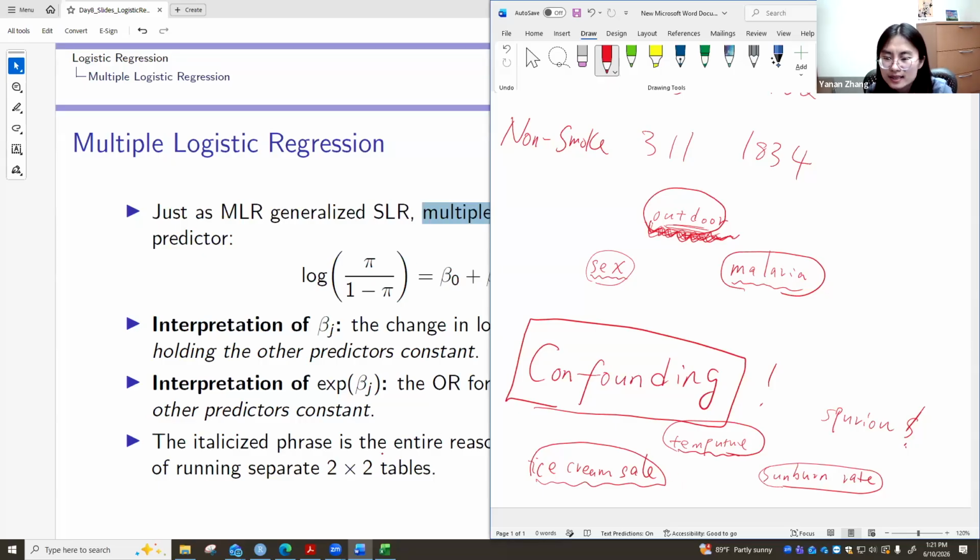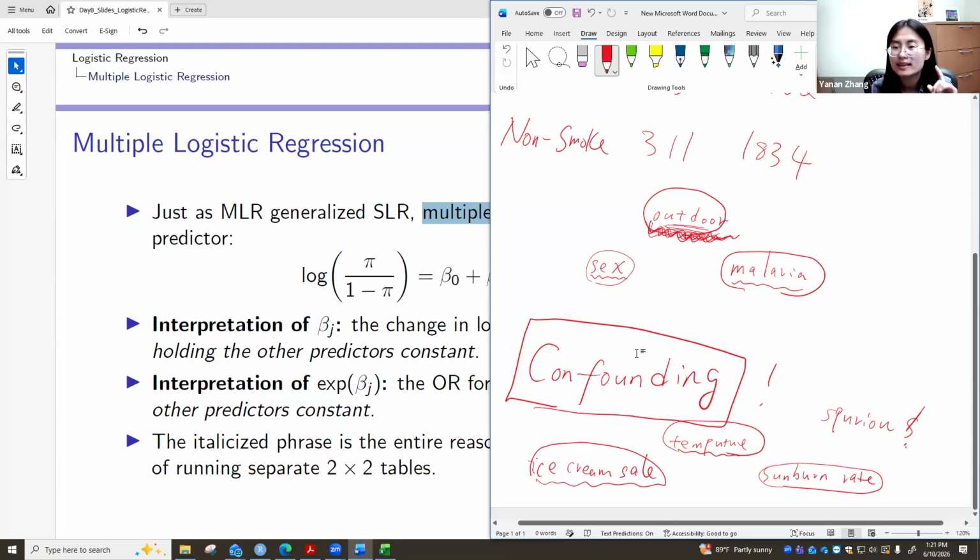So you will see, to remove the confounding, one way to do that is to put the confounder at a specific level or a specific value. We control the value of the confounder, then we study the relationship between outcome and predictor. That's the way we deal with confounding.